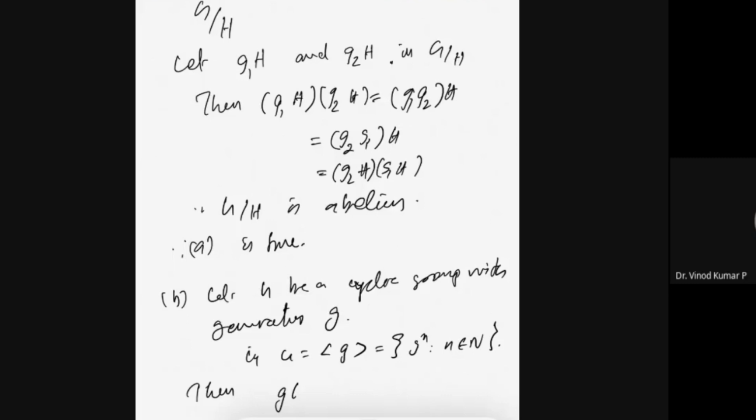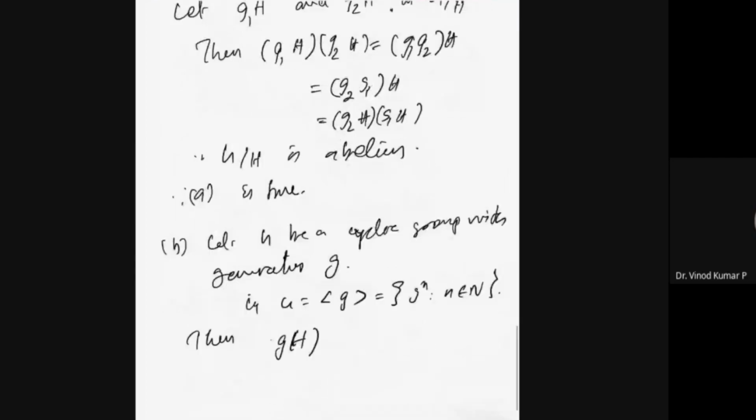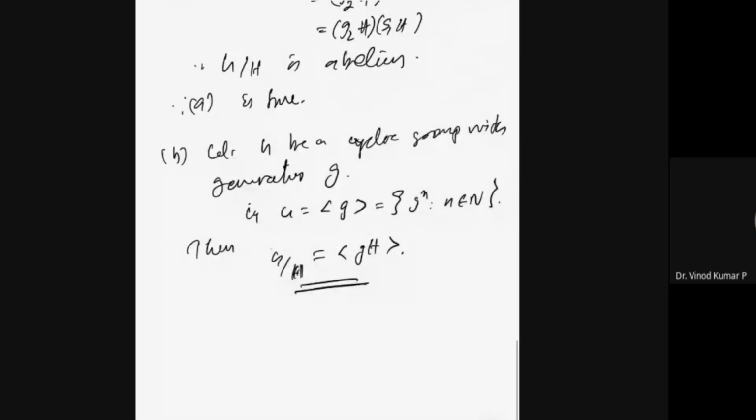Again this G is cyclic, so G is abelian, so any subgroup H will be normal. For any subgroup H, G by H will be a group, and gH will generate G by H. Okay, so statement B is also true.